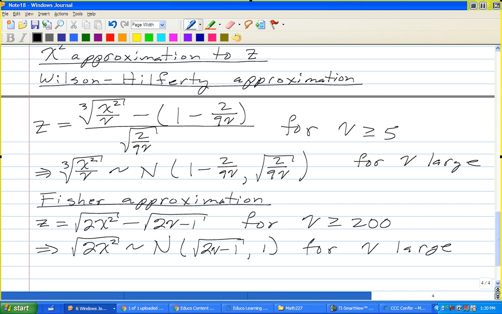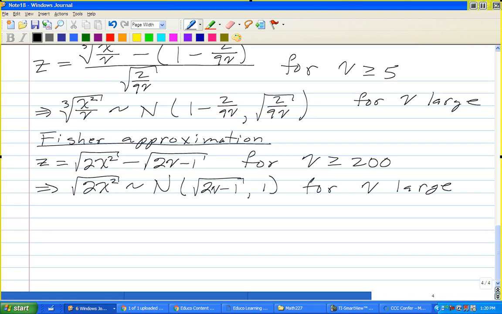Okay, so let's do some examples. So we're going to have to look things up in differing tables now. So first, suppose I have degree of freedom of 11.